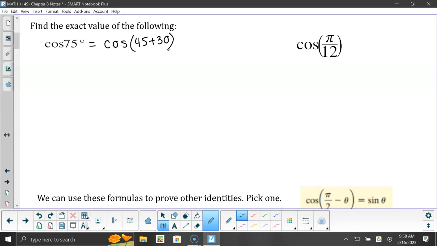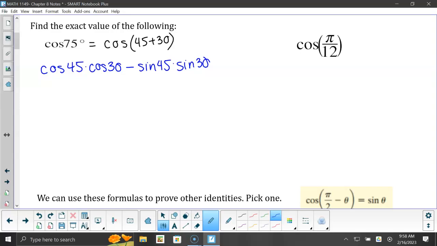So, when I go to write this all out, I'm looking at my cosine formula, and it's got a plus in the middle, which means it's going to be cosine of 45 times cosine of 30 minus sine of 45 times sine of 30. Now, do those cosines and sines have values? Yes.